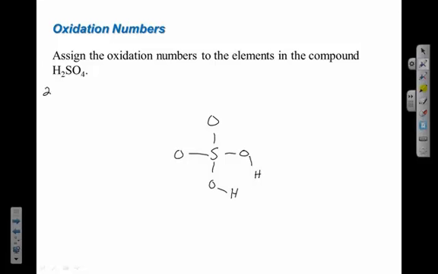Count up the valence electrons, 2 plus 6 plus 4 times 6 is going to be 32. So already I've used 2, 4, 6, 8, 10, 12, so I've got 20 left. I've got to put those in. 1, 2, 3, 4, 5, 6, 7, 8, 9, 10, 11, 12, 13, 14, 15, 16, 17, 18, 19, 20.